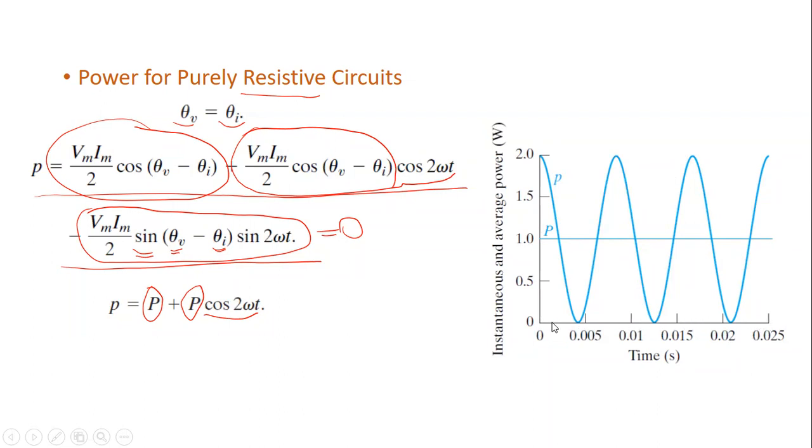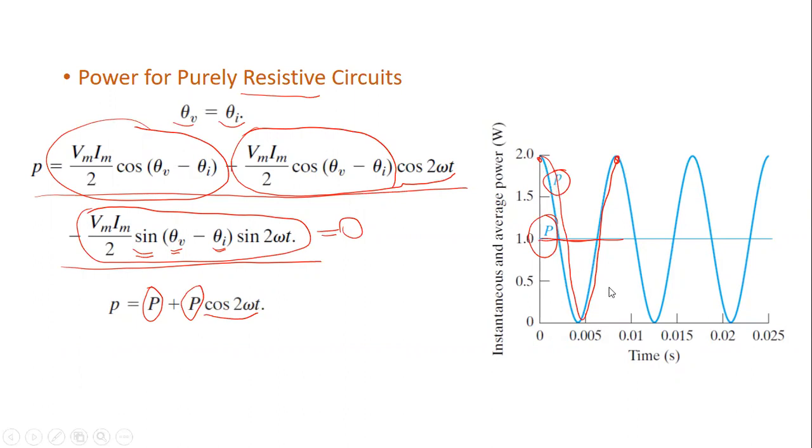What should be the negative peak is at the 0 axis in this case. If you take the average value for any given period, here is one period, it will be this P. This is why this P is given in capital letter, while this p is given in a small letter.